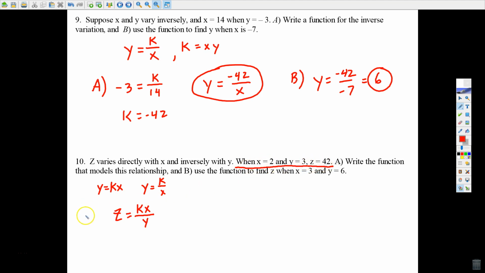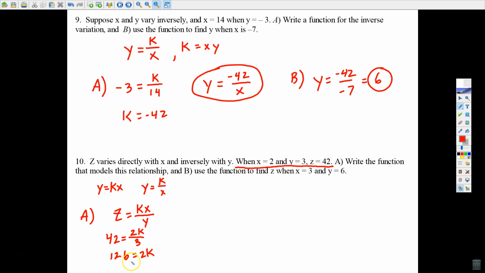So let's plug in. We're doing part A. Write the function that models this relationship. So let's plug in 42 for z, 2 for x, and 3 for y. Okay, now let's solve for k. We'll multiply 42 times 3, that's 126.